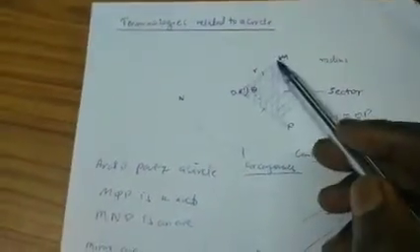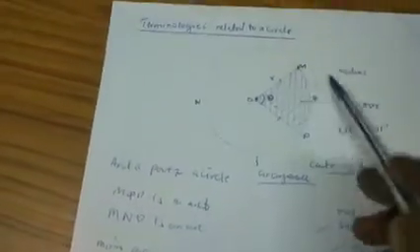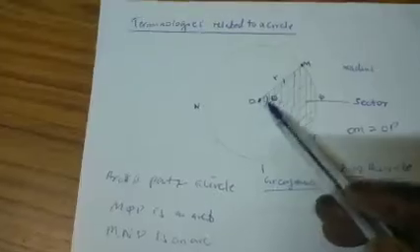So if we consider this circle up here, which has the line OM and the line OP, there is an angle enclosed here, which we say is subtended. So the arc MQP subtends an angle at the center of the circle, which is called theta.